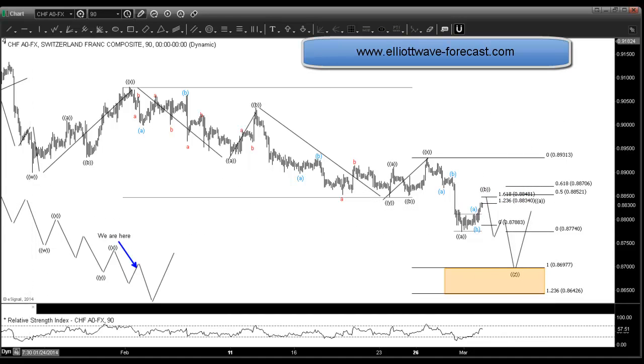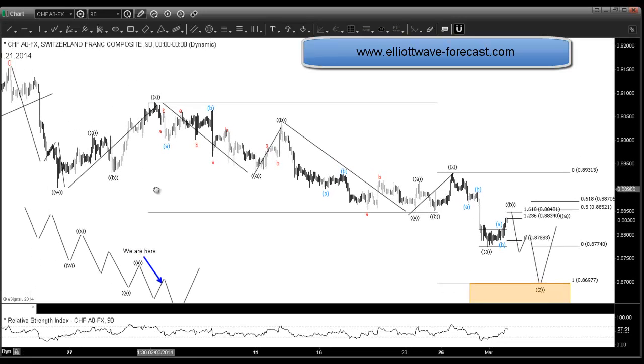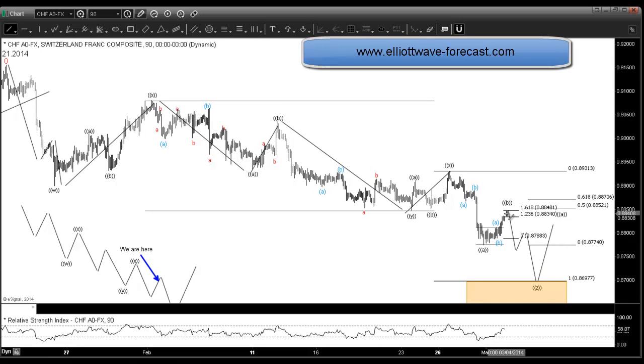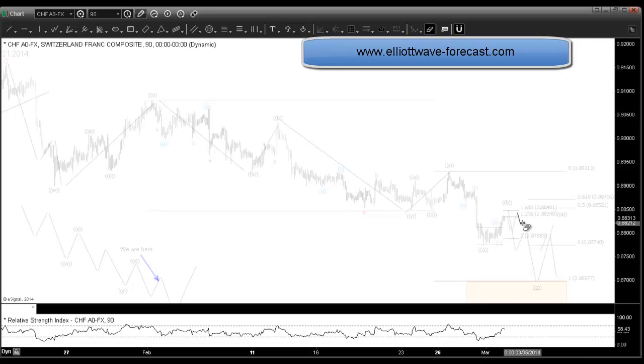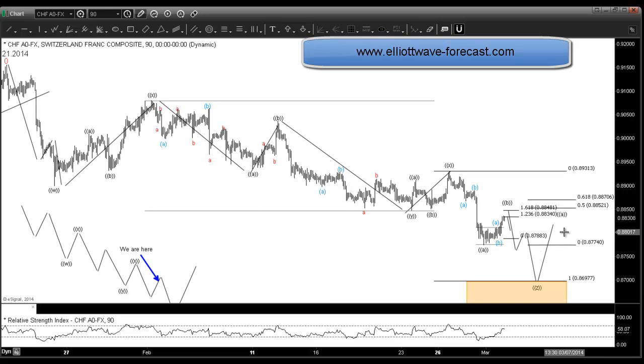So the worst case scenario is that we can see a reaction from current levels. We can see a pullback here and do another 3 waves up, which can take us to like a 61.8% retracement, and then drop in 3 waves again. Of course that's something that we don't know at this stage, because corrections can always become 3, 7, or 11 swings.